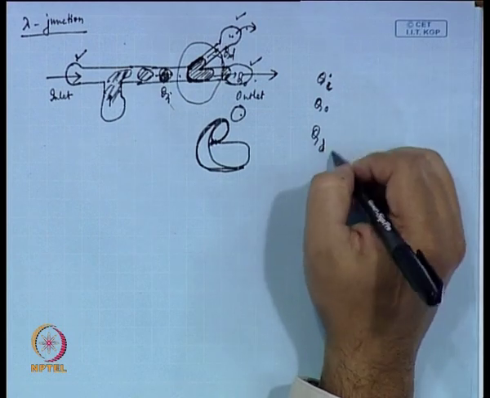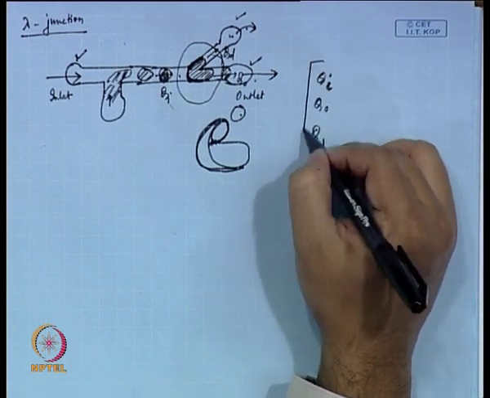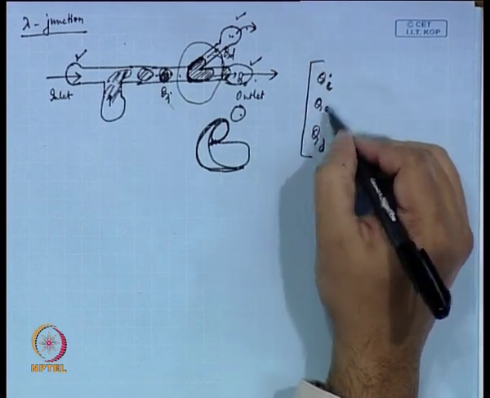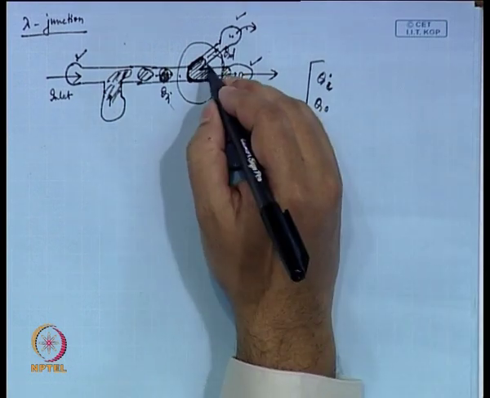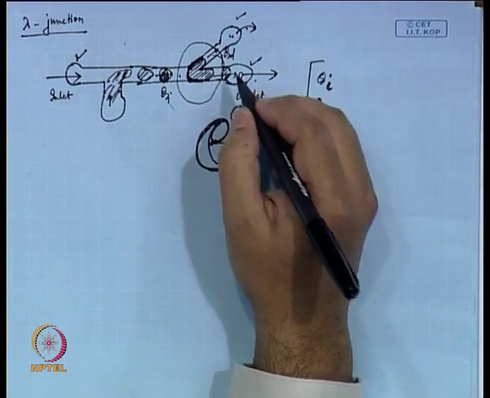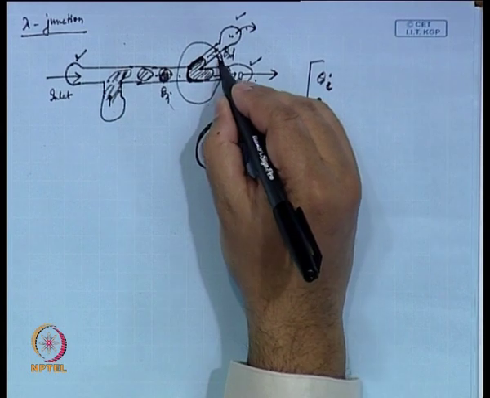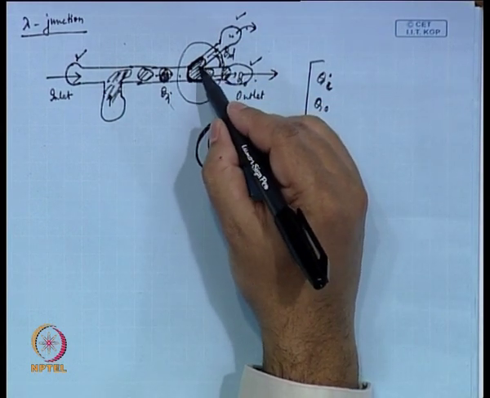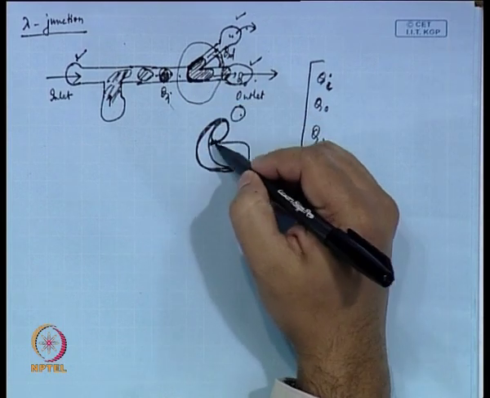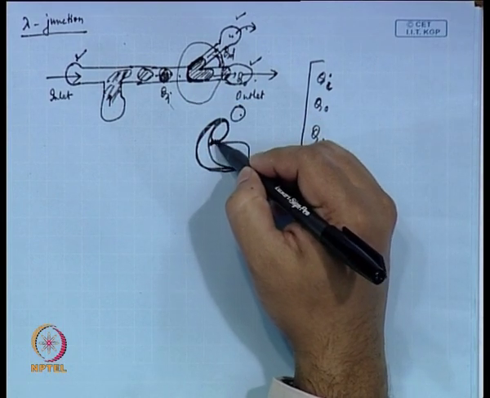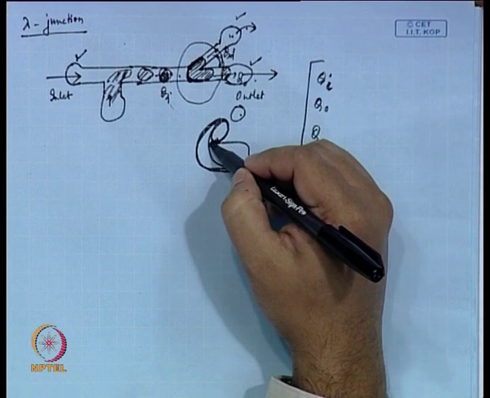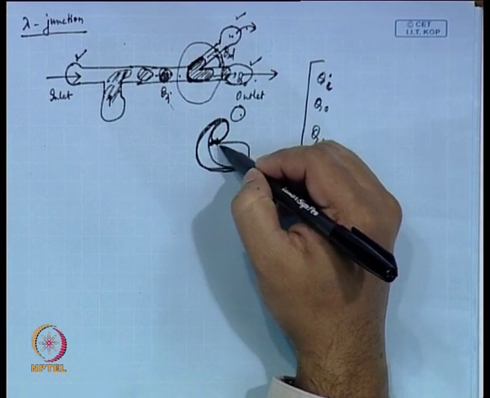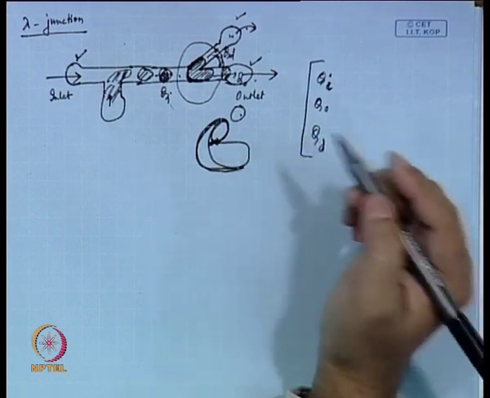So, depending on the relative values of Q_I, Q_O, Q_D, and the geometric considerations, that means what is this thickness, what is this angle, and what is this delta, up to which it can go and beyond which there would be a rupture. So, what is this delta beyond which this becomes unstable.